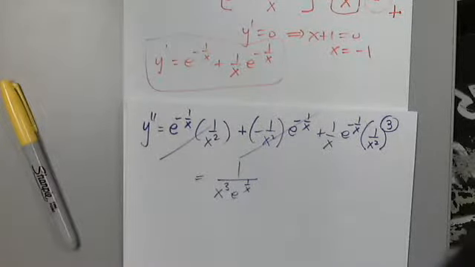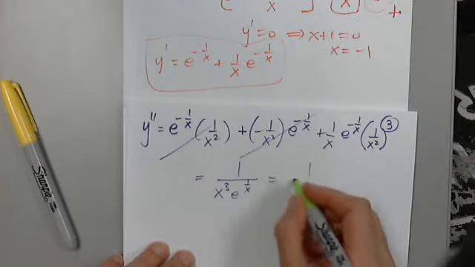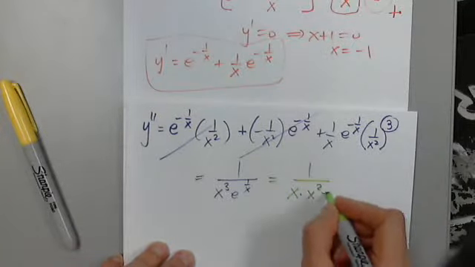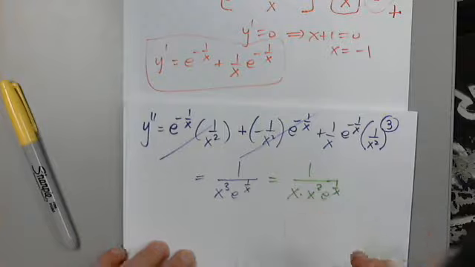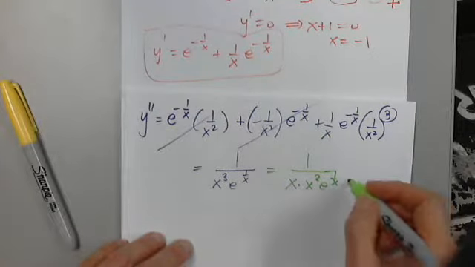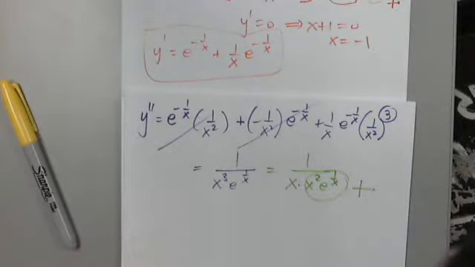Nice. However, this will never be 0, which is fine by me, but I need to study the sign. And for the purpose of studying the sign, I'm going to write it like this. Just for that purpose. There is no other reason why I would write this. Only because I don't want to worry about that piece. I know that x squared times e to 1 over x is always positive. Only this portion will give us the sign of the second derivative.